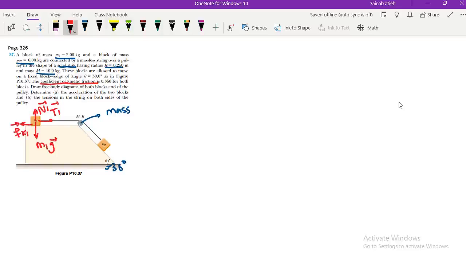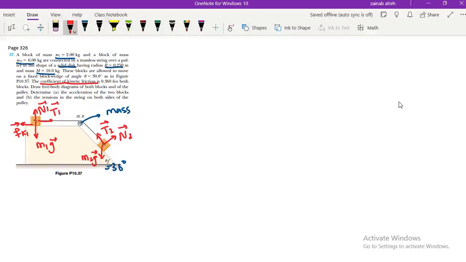Now what are the forces acting on M2? We have the weight, which is vertically downward. This is M2g. I've got N2, which is perpendicular to the surface. This is N2. We have the tension, I will call it T2. I will tell you why I shall call it T2. And I have the friction.